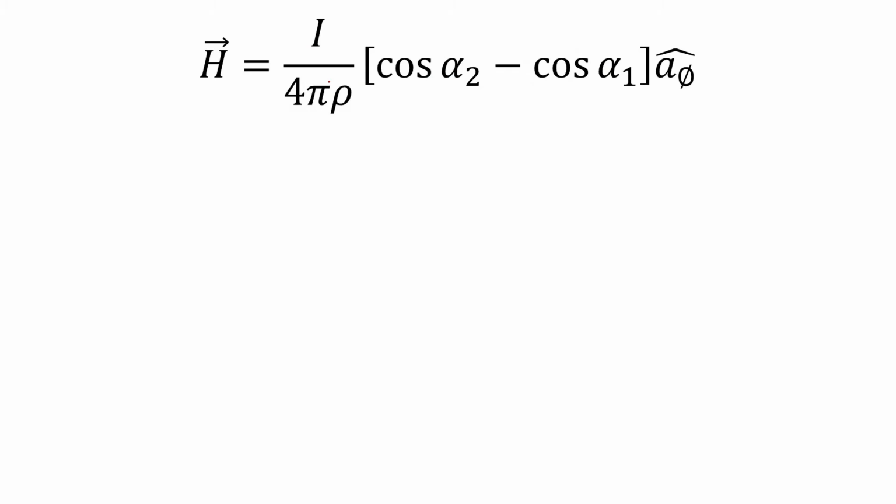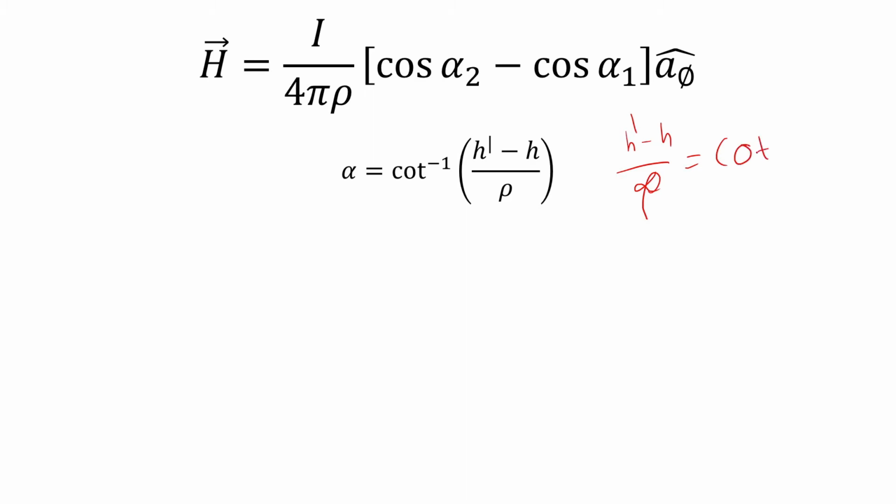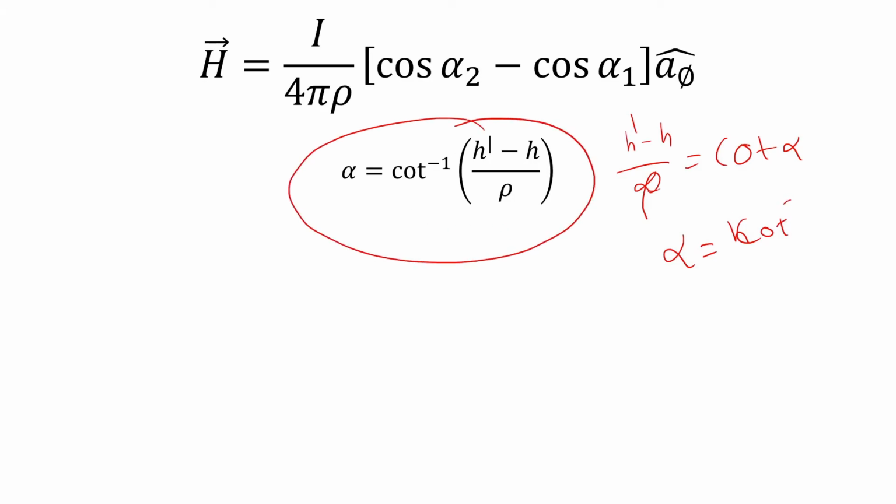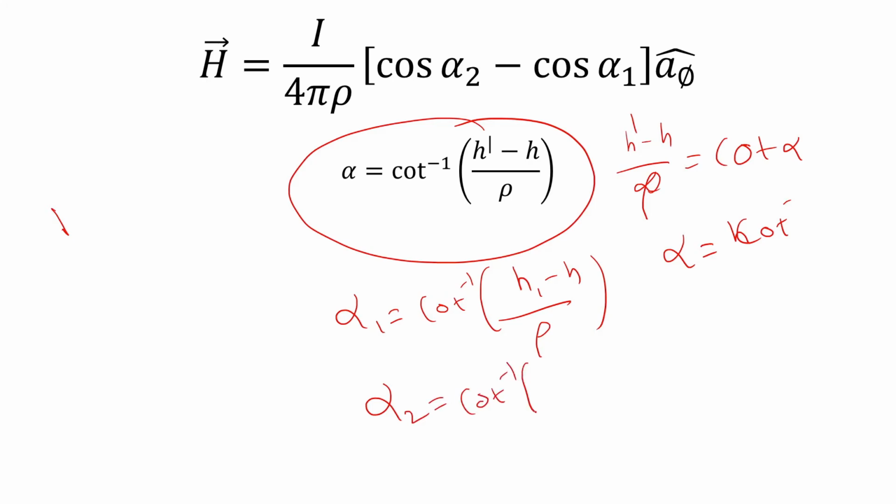So to do that, let me look at the expression: h dash minus h by rho equals cot alpha. I can say alpha equals cot inverse of h dash minus h by rho. So alpha 1 equals cot inverse of h1 minus h by rho and alpha 2 equals cot inverse of h2 minus h by rho.